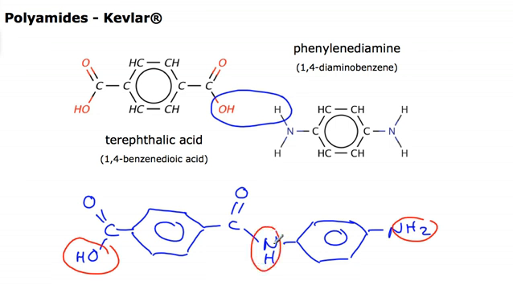So between the chains, that's an N bonded to a hydrogen. So that's going to link via a hydrogen bond with another strand of Kevlar. So that's what gives it its great strength. Also very heat resistant, so it's a very useful material, is Kevlar. And so made up of terephthalic acid and phenylene diamine.